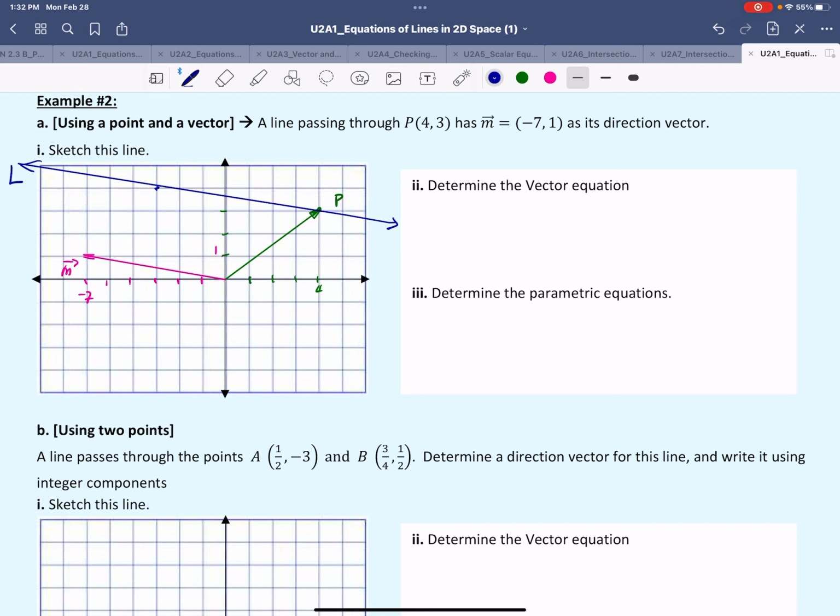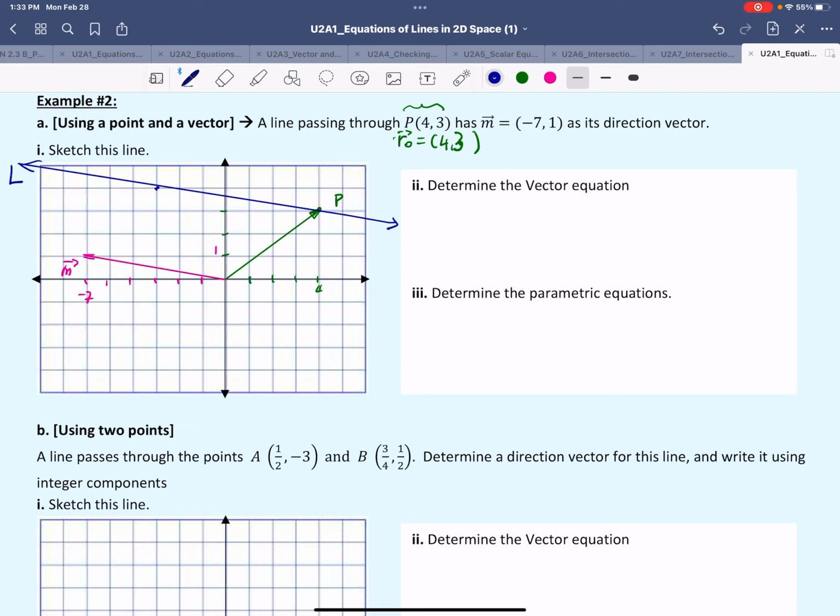Now remember that the starting point here, or this point on the line, served us as a point that represents the head of the starting vector. So we use this for r0. So r0 will be (4, 3), and the direction vector is given as (-7, 1).